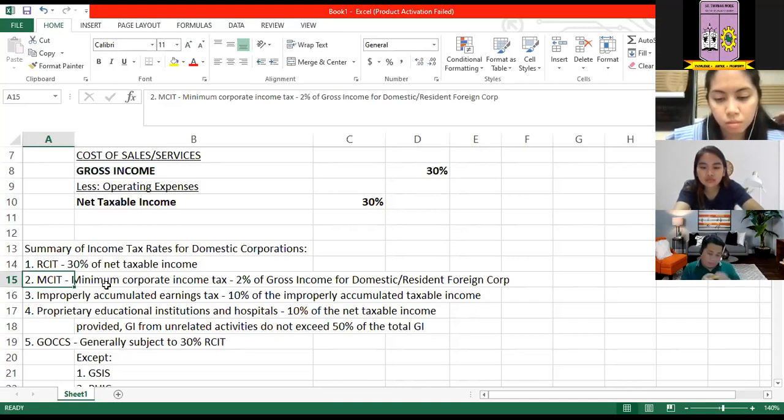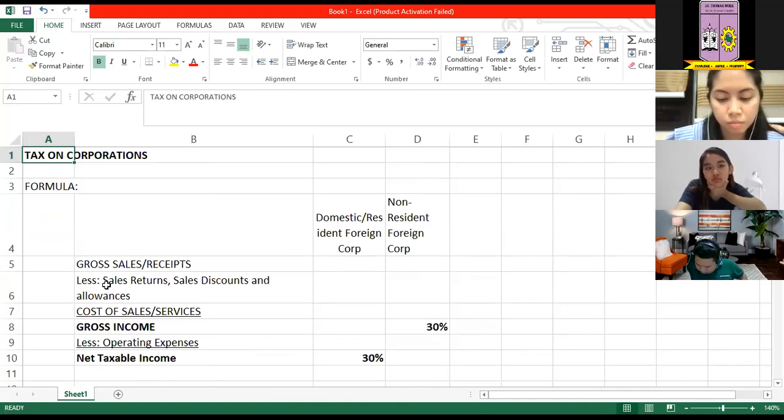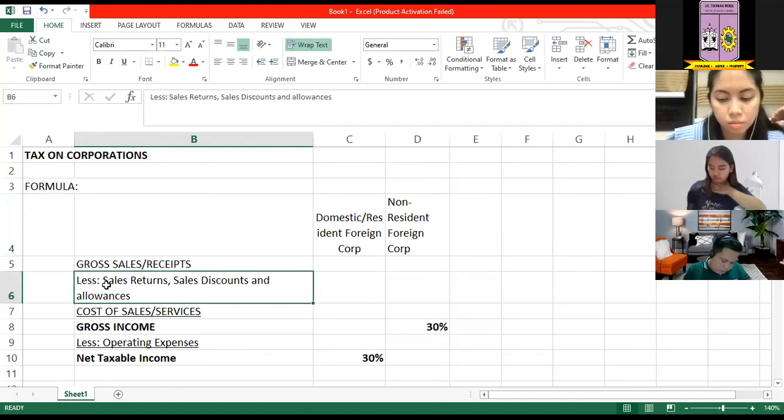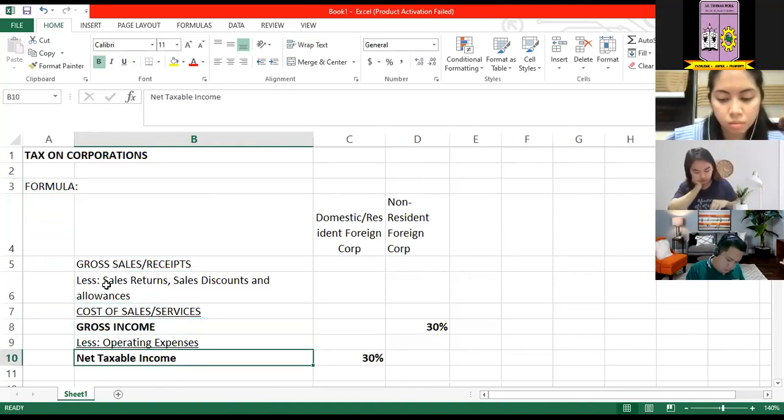So, sa madaling salita, ang role ng minimum corporate income tax is to avoid tax fraud. Okay? Yung mga under-declarations of income, para maiwasan yung pag-under-declare ng income. Kasi kapag nag-under-declare ka ng income, balik tayo sa computation. Di ba, gross sales or receipts. Kapag hindi mo dineclare lahat ng income mo, meaning to say, ang effect niyan, mababa yung taxable income mo.